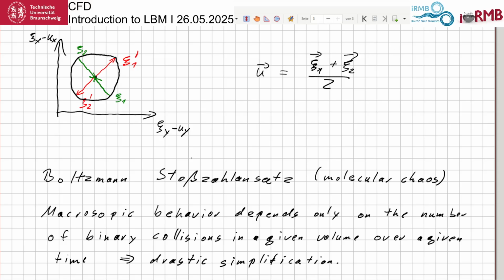There's a small emphasis on two different aspects of Boltzmann's idea. Because Boltzmann had to make one additional assumption here, namely that the molecules do not remember their previous paths.